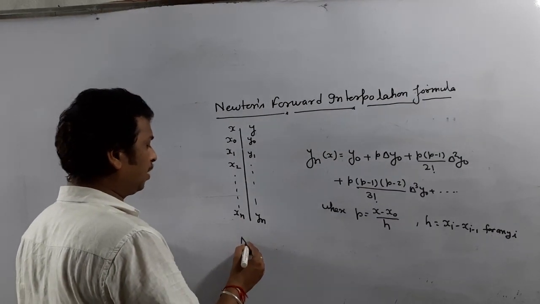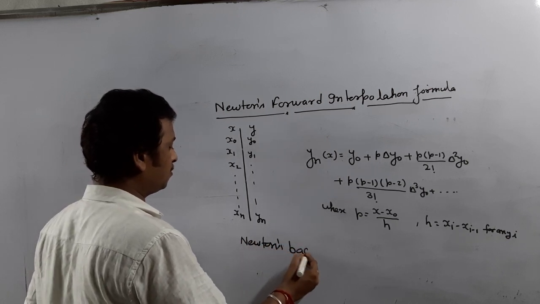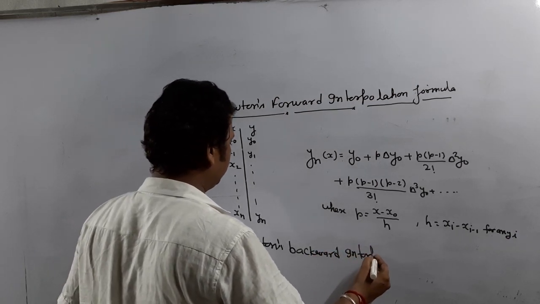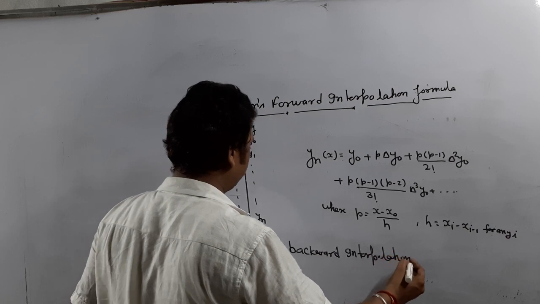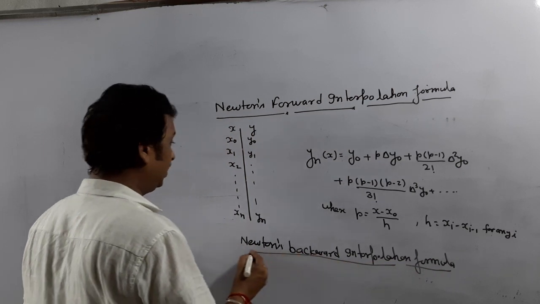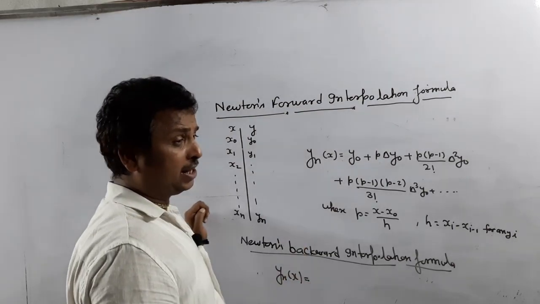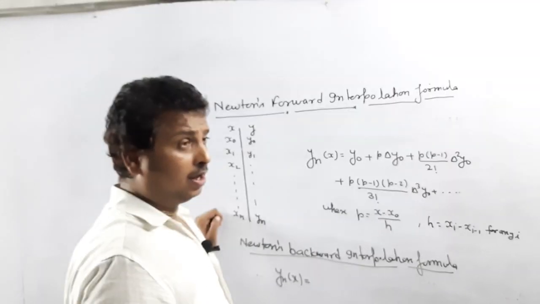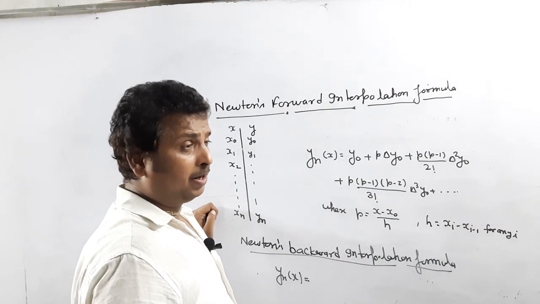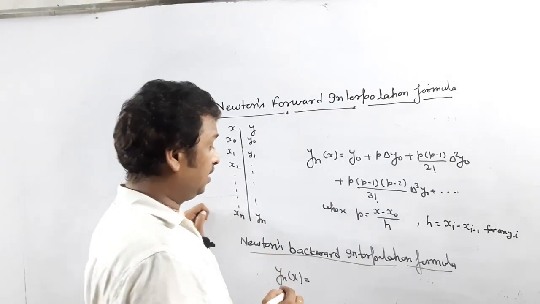What is Newton's backward? It is again y of x, because I already explained in a previous video when teaching about the difference table. For the backward table, which value will play a very important role? That is the last value, yn.